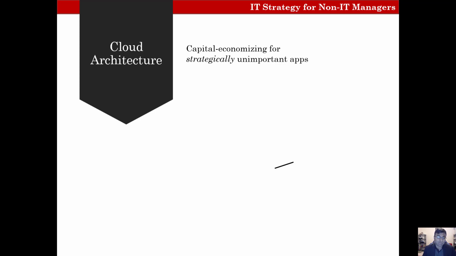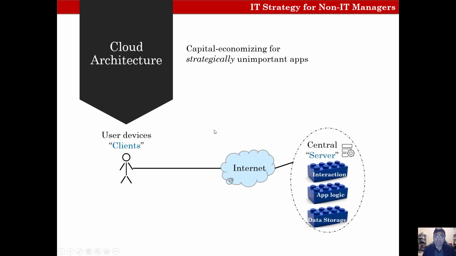The user device is fairly simple, not very powerful, therefore inexpensive, because its only role is inputting and displaying information. So everything is in the central server, and you just have a window into the server's work.